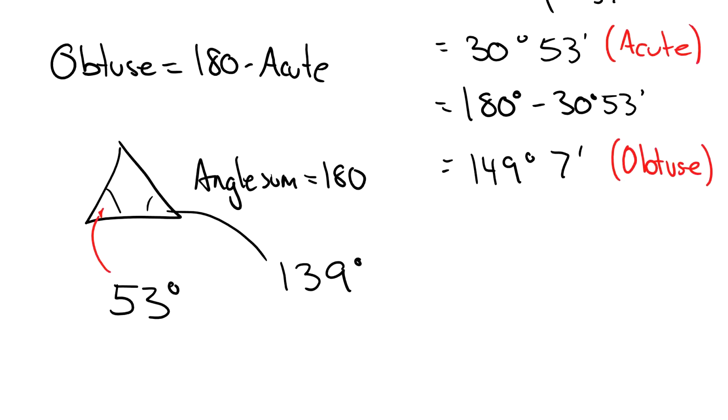That can't happen because both of these numbers alone add up to more than 180 degrees, which means that this angle up here would be negative, and that can't be true. So sometimes you've got to make sure that it actually makes sense, and you do that by remembering that all the angles of a triangle add up to 180.